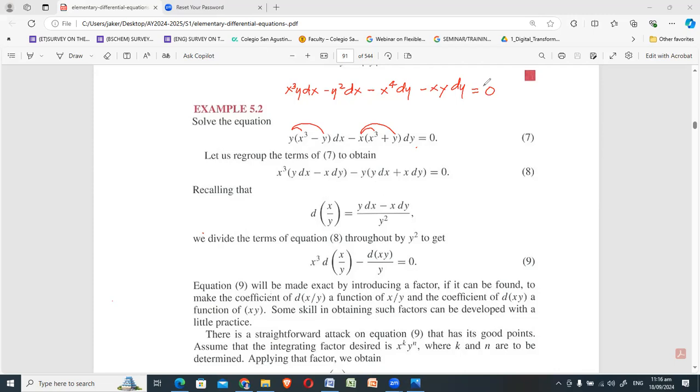And what is that skill that we're talking about? The skill of regrouping such that you will come up with a resulting expression that will fall on any of the exact differentials that was discussed at the start, those four that I have shown to you.